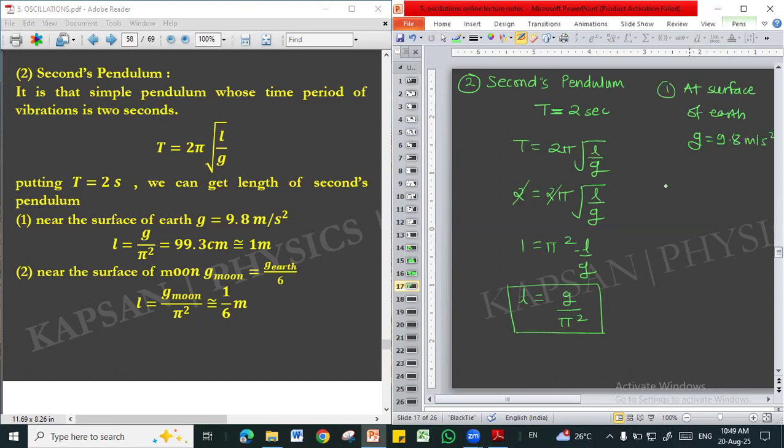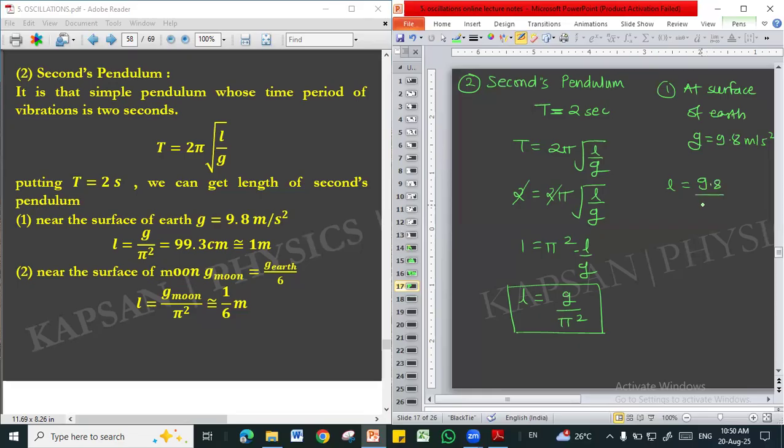So in that case, what will be the length? Of course, don't write unit of length as meter per second square. That second square will automatically get cancelled. हा जो 1 आहे, this time period is actually 2 seconds. So when you square it, it becomes second square. So unit has been already taken care.